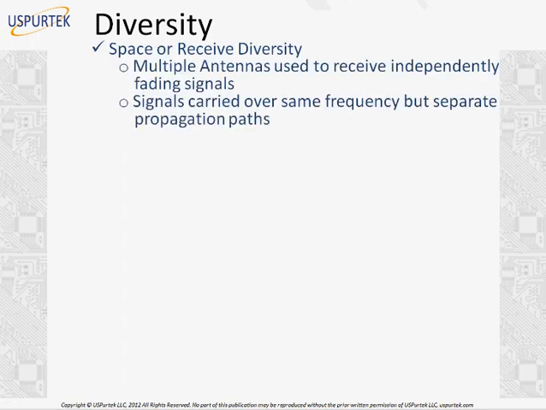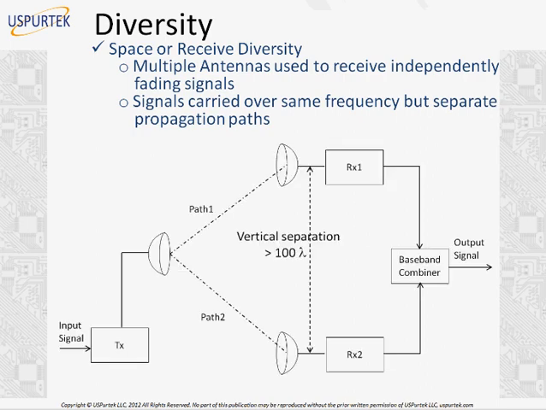Having considered frequency diversity, now let's move on to the next one, space or receive diversity. Here we have multiple antennas which are used to receive independently fading signals. This is similar to the multipath propagation we have seen, where multiple signals come from different paths.